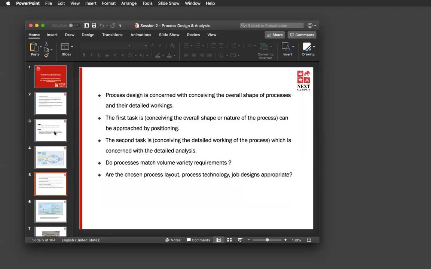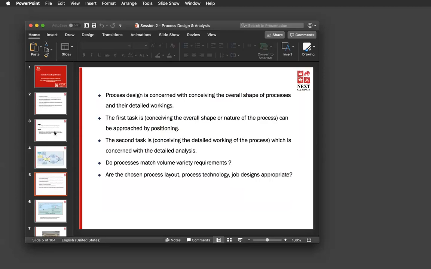the foundations or the basis for the analysis of the process will depend on the volume and variety requirements of the product and services. If the product or service is high volume, then the way you set your process, you design the process, would be different to if your product or service is going to be low volume and high variety.